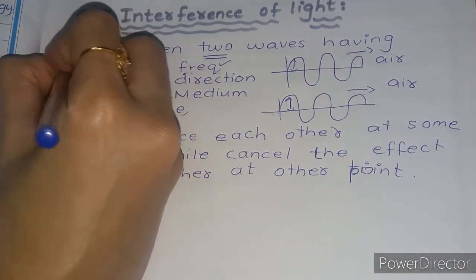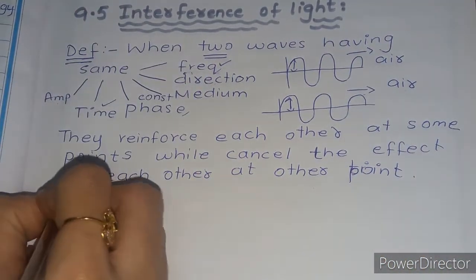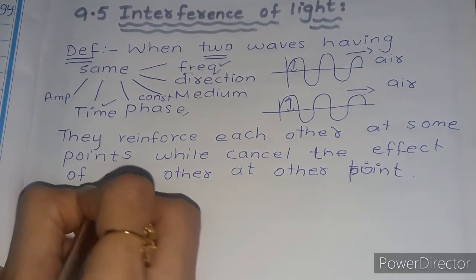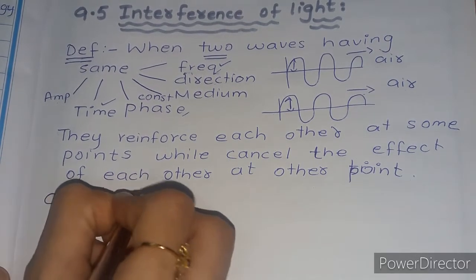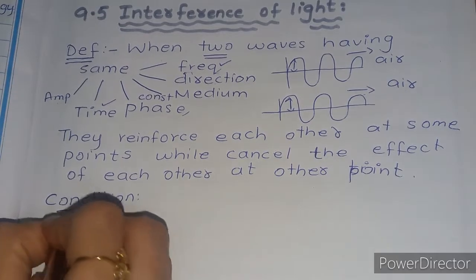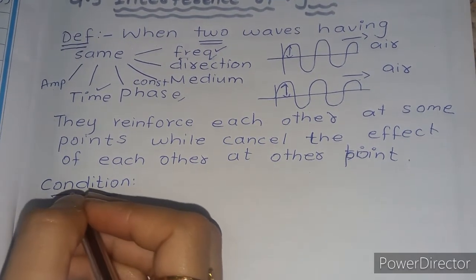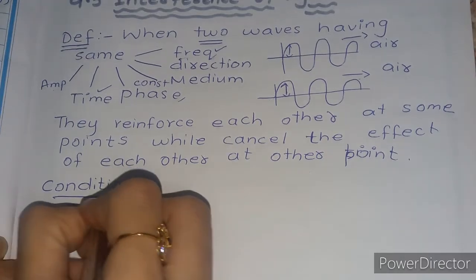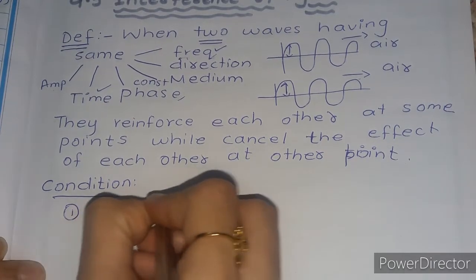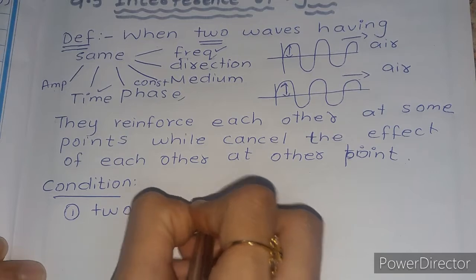Now the conditions of interference. The first condition is that they should have two coherent sources.